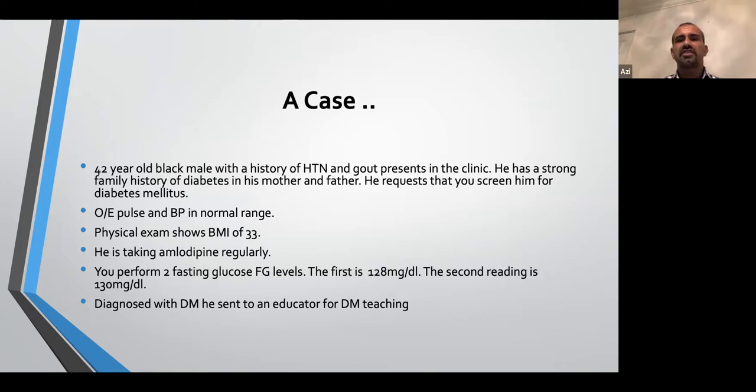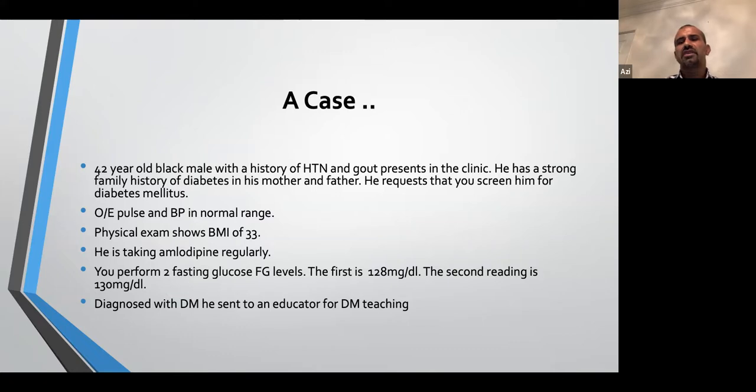His blood pressure is in normal range, and vitals are stable. Physical exam is okay. He's taking amlodipine. However, BMI is 33. So you will go ahead and do 2 fasting plasma glucose tests.